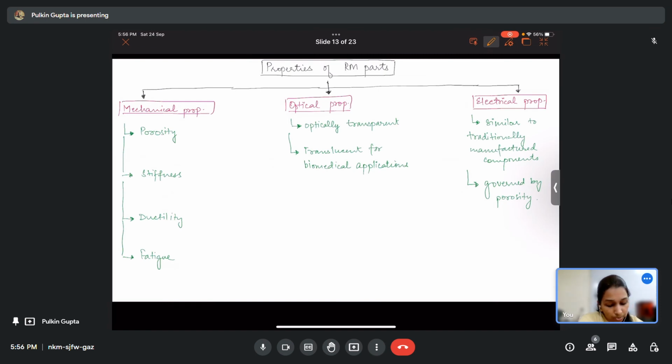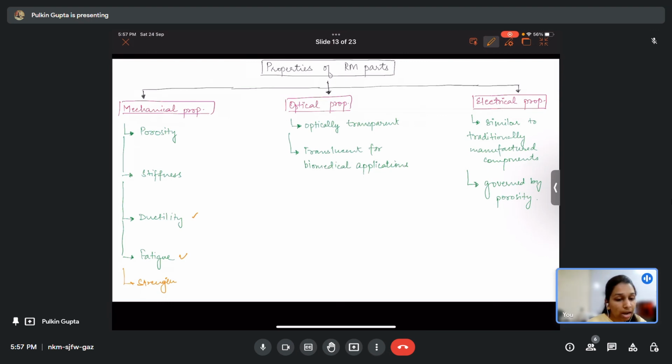Now, certain properties of RM parts. So, mechanical properties we have. For mechanical properties, you have strength. Strength can be controlled by controlling the microstructures and all. So, we can control it using porosity. Stiffness can be tailored, ductility can be tailored, fatigue strength can be tailored.